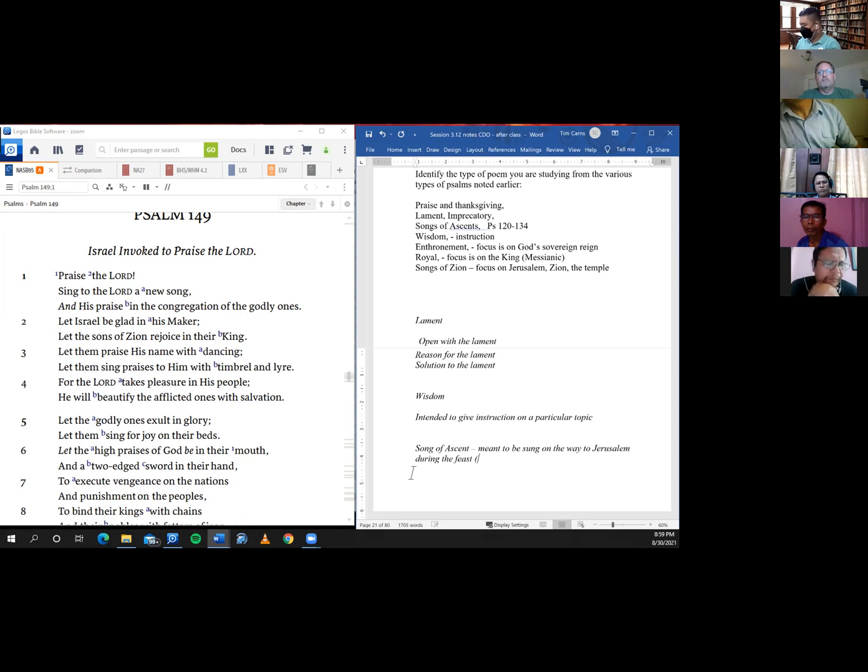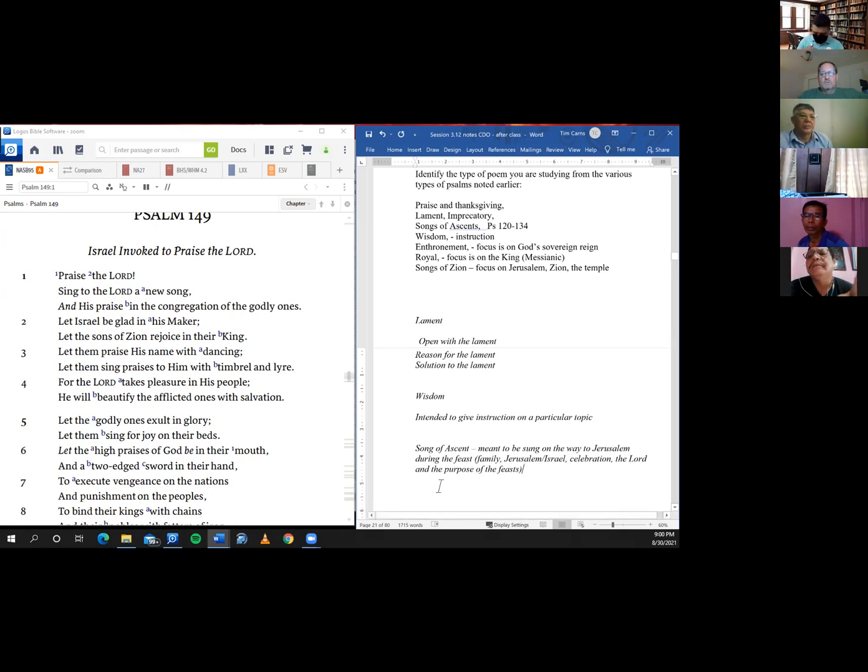So there's going to be a focus on family, a focus on Jerusalem or Israel, a focus on celebration, a focus on the Lord and the purpose of the feasts. Okay? So being able to identify the psalm type will help guide us and give us a little bit of insight into what the purpose of the psalm is and what it's saying.